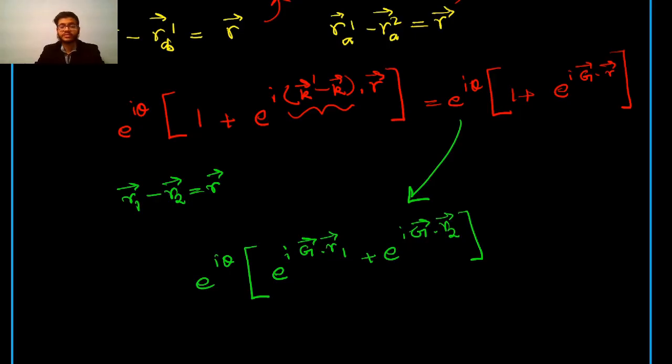So now we will see what happens with different kinds of crystals, because I think we discussed FCC, BCC, simple cubic lattices, and from that we will see what happens. This will be the total phase of the light.